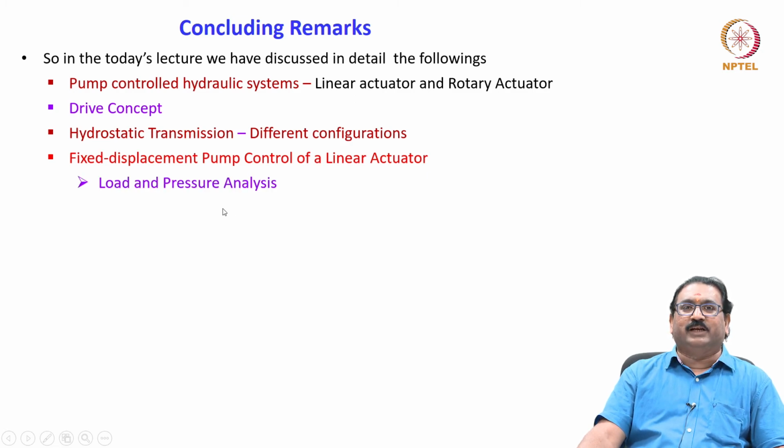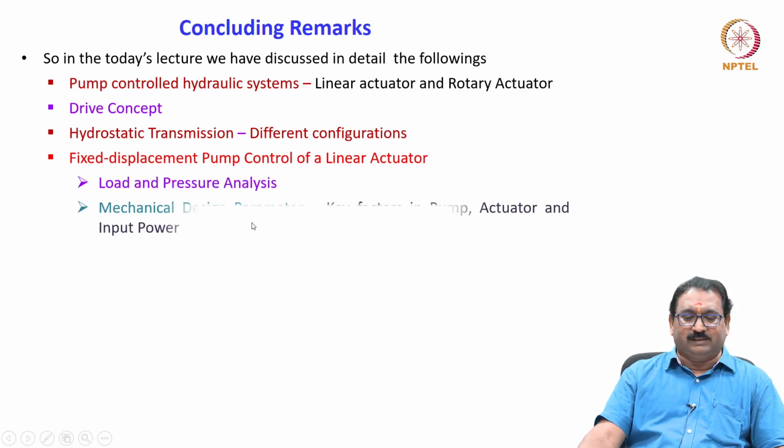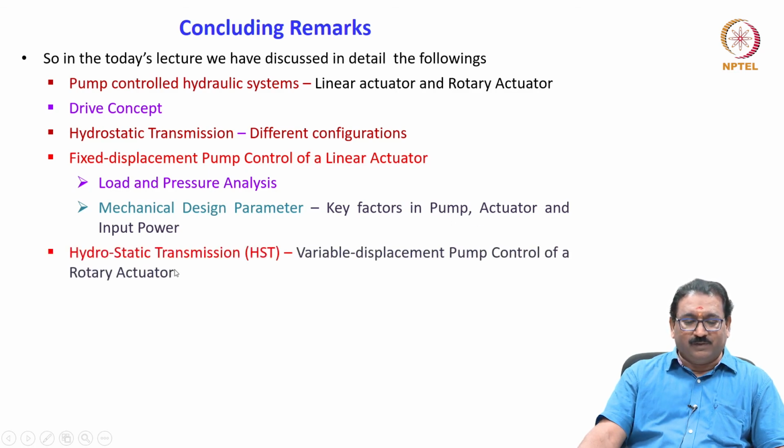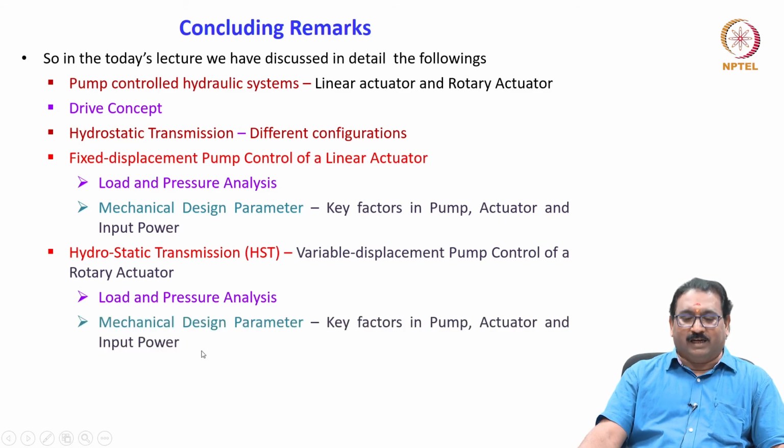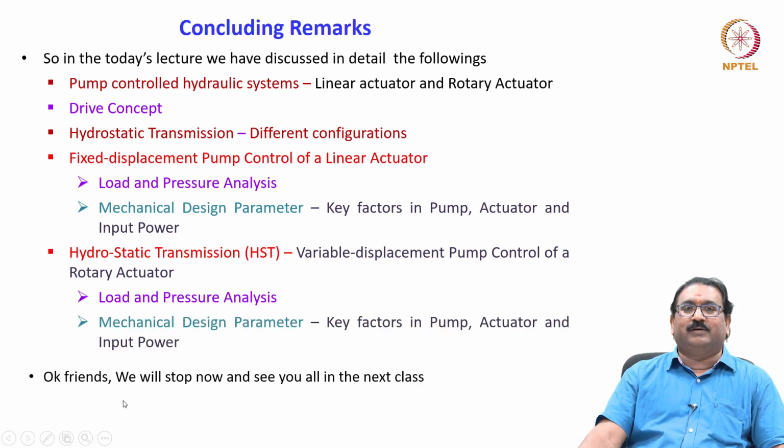Here we have discussed in detail load and pressure analysis, then mechanical design parameters, particularly on the pump, actuator and input power. Similarly, the hydrostatic transmission, which we can call a variable displacement pump controlled rotary actuator, where we also discussed load and pressure analysis and mechanical design parameters.